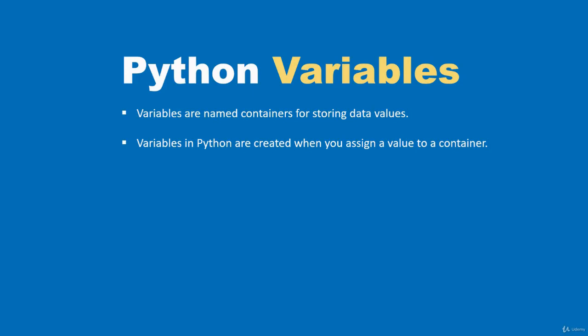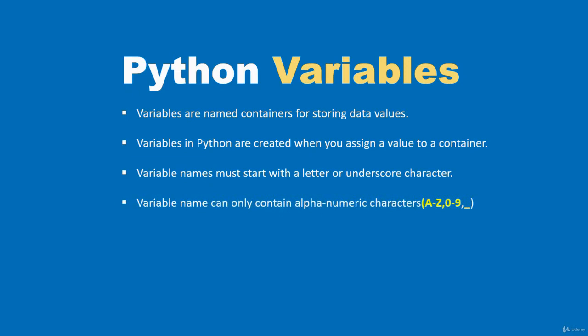A variable name must start with a letter or the underscore character. The variable name can contain alphanumeric characters and the underscore character. So it can contain characters from A to Z, numerics from 0 to 9, and the underscore character.